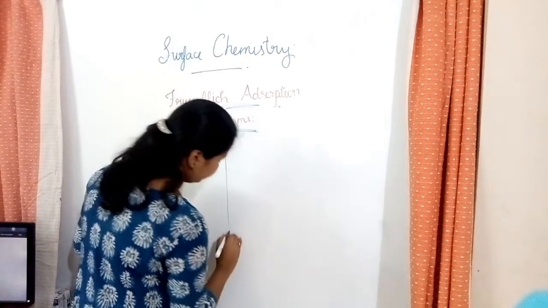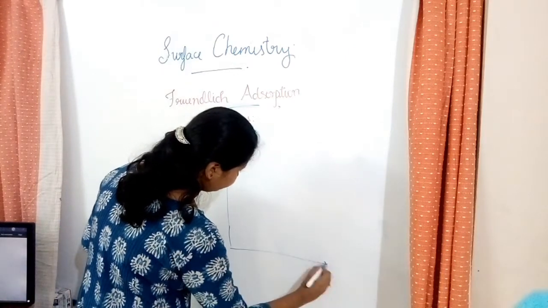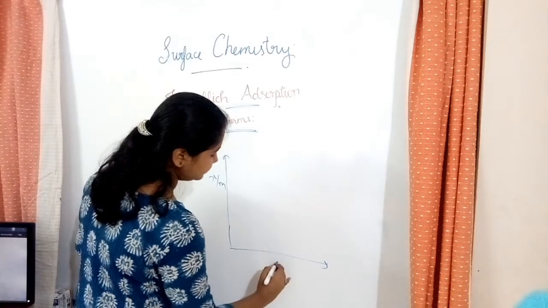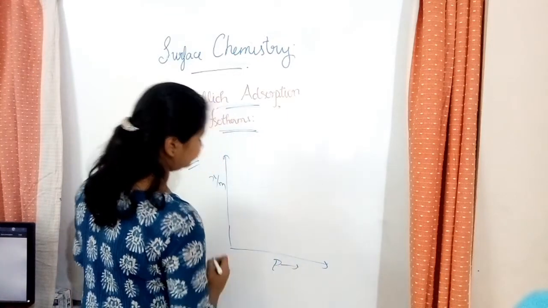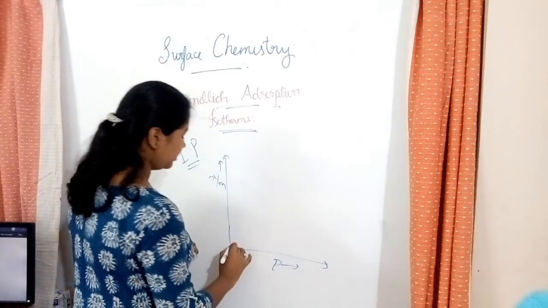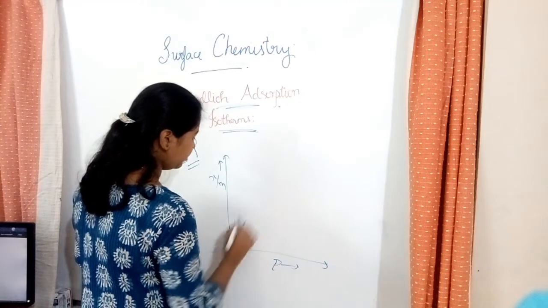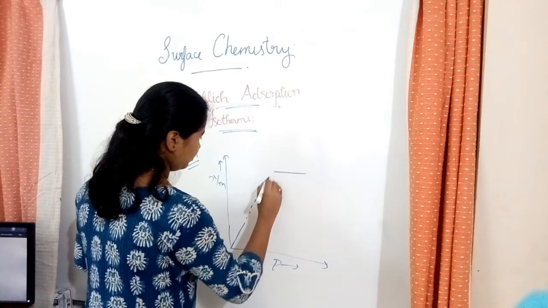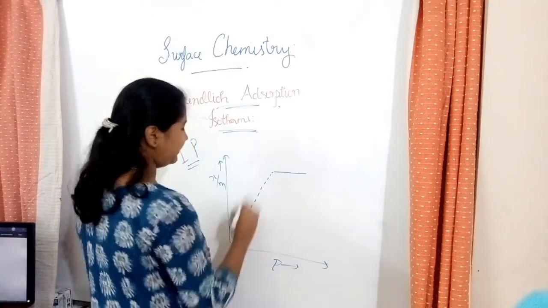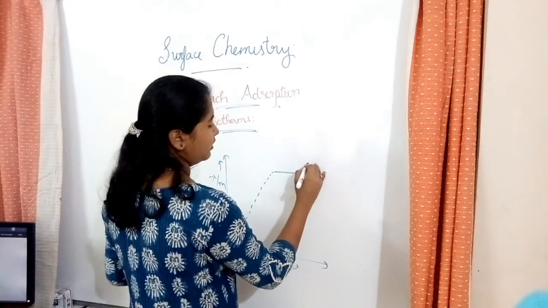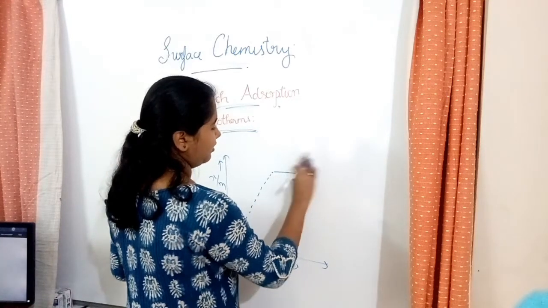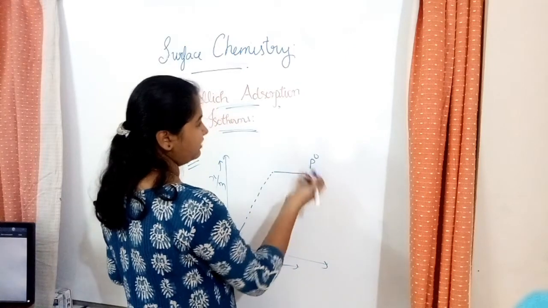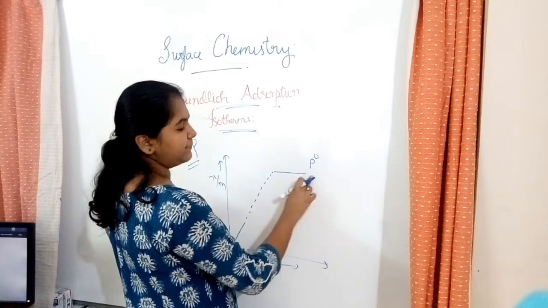This is the graph. This is x by m and this is pressure. Over here the value is P raised to 0, because it's not dependent.